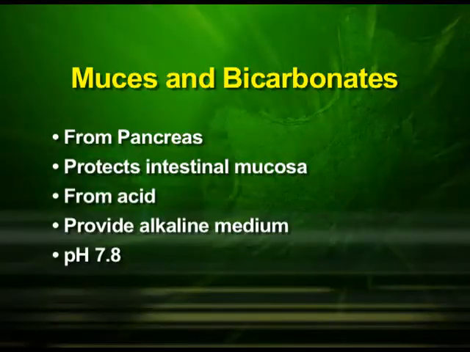Again, you already know the value of mucus in the alimentary canal, and the bicarbonates which get mixed with the food will turn the acidic medium to alkaline medium. The pH will go up to an alkaline pH of 7.8, and please remember the pH in the stomach was around 1.8, very acidic because of the presence of HCl.